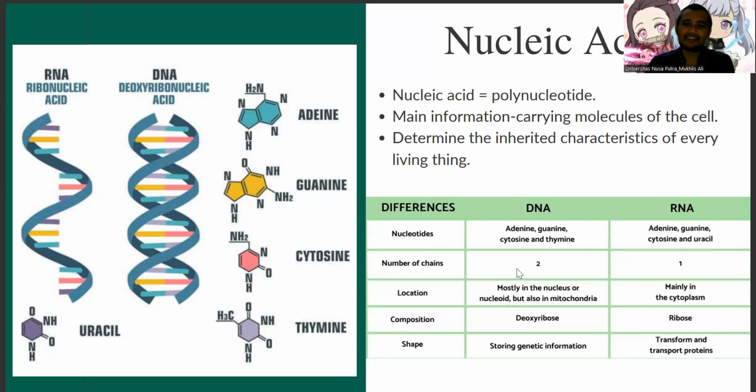The difference between DNA and RNA: if we talk about nucleotide components, DNA has adenine, guanine, cytosine, and thymine. But RNA doesn't have thymine, it uses uracil as a base of its chains. DNA has a couple of chains, and RNA only a single chain of nucleic acid.